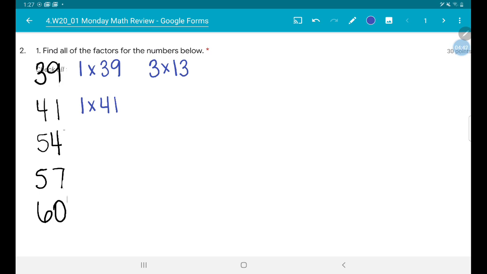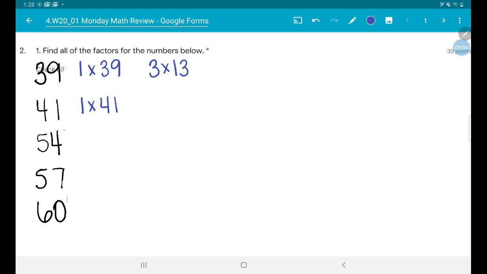No. 8 times 5 is 40, so that won't work. 9. No. 10. No, doesn't end in a 0. So we can pretty safely say that 41 is what kind of number? Prime. The only factors are 1 and 41.